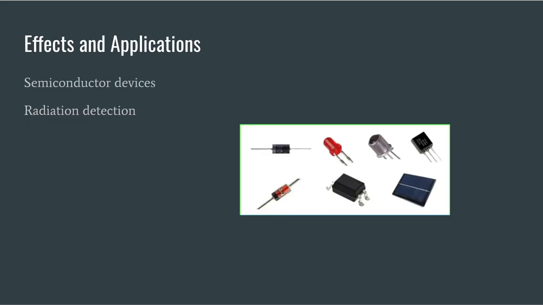So one application of this could be semiconductor materials, which are used by silicon, and interstitial defects can be introduced intentionally during the fabrication process to create dopant atoms or ions that are interstitially trapped in the lattice.